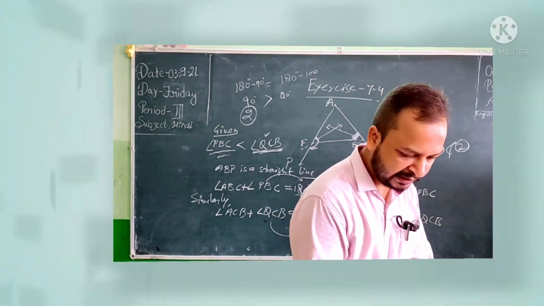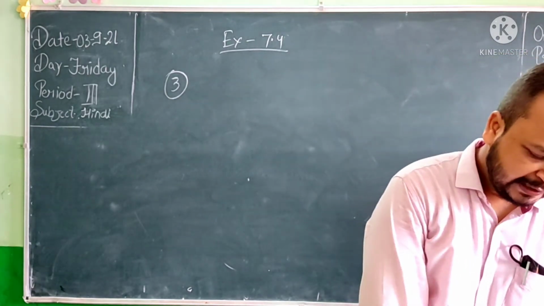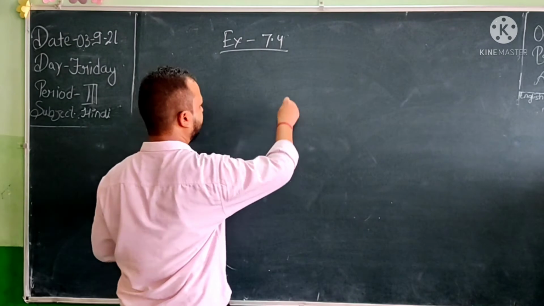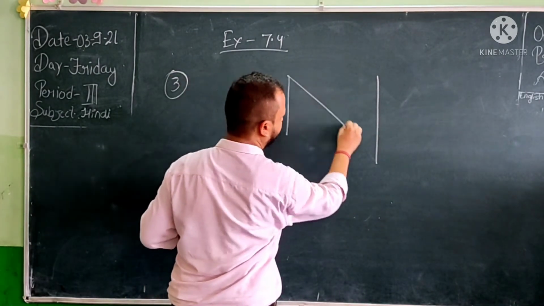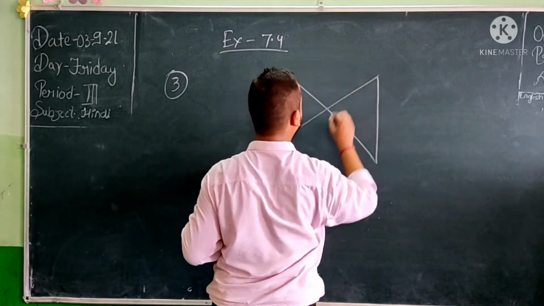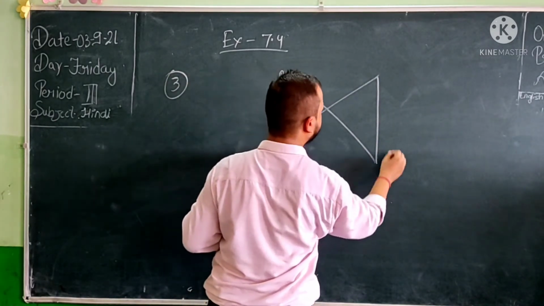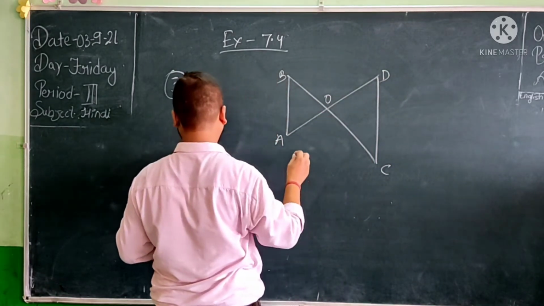चलिए, कम टू थर्ड वन. In the figure, here the figure is A, B, C, D, and here O is here.